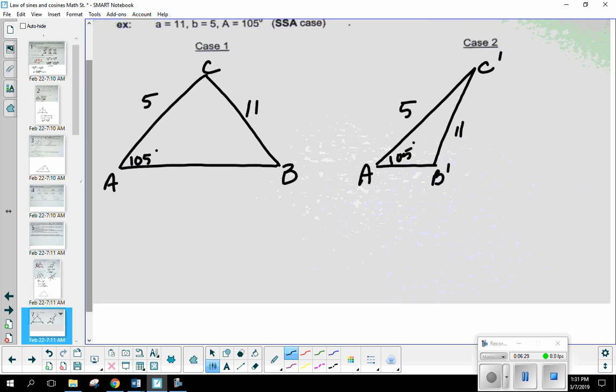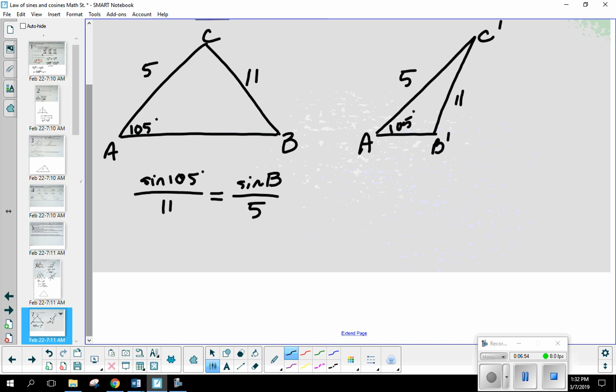So I'm going to start by saying sine of 105 degrees over 11 equals, okay, well, the only thing I can find now is angle B because I've got the side across from it. So I'm going to say sine of B over 5. And then, of course, you cross multiply.